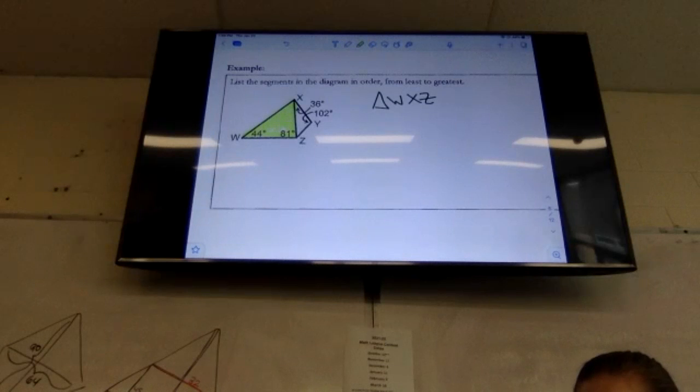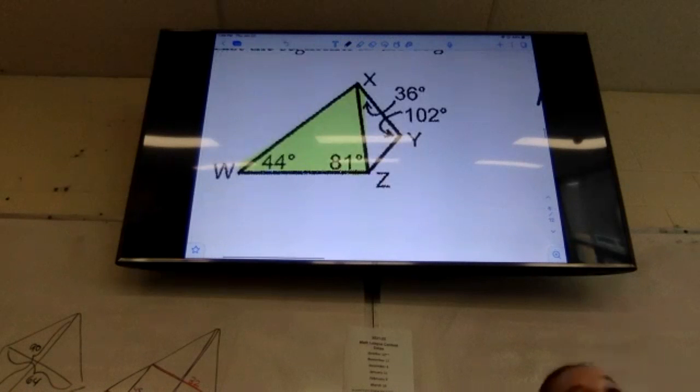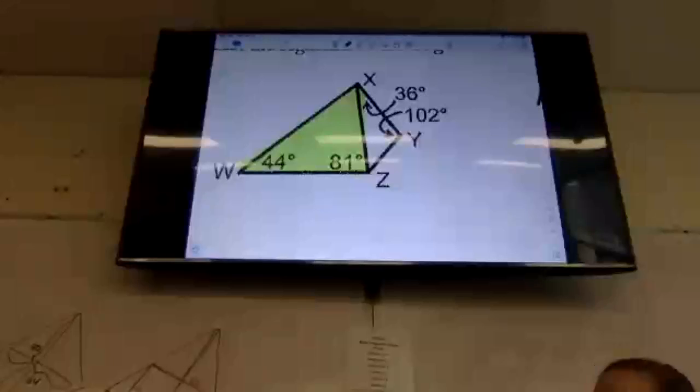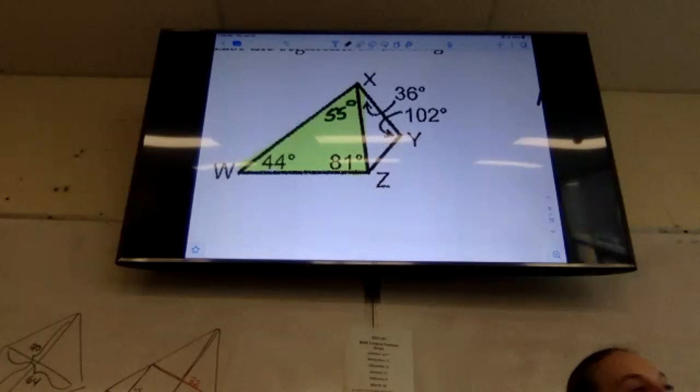I'm going to do this as a green triangle. Maya, you're already doing something. What are you doing? I added it to find the last angle. Good, what's my missing angle? 55. Perfect. Maya says that we can't start until we find that third angle, so she added 44 plus 81, and she found that the missing angle had to be 55. Now that we know that, what's my smallest side?